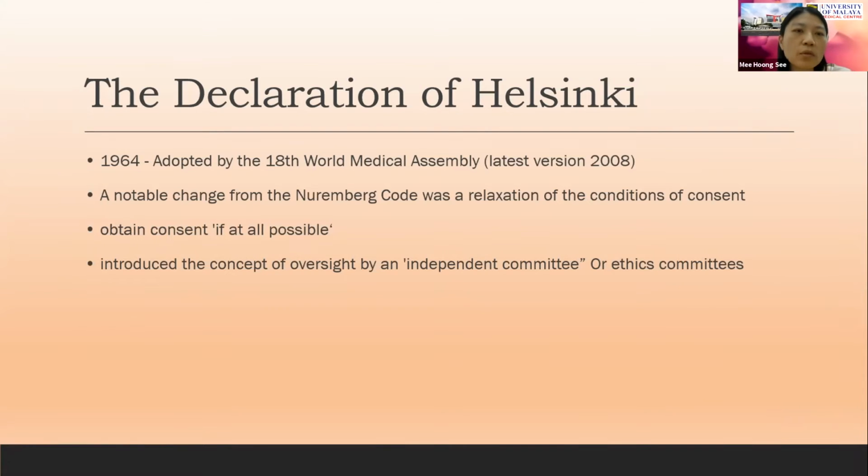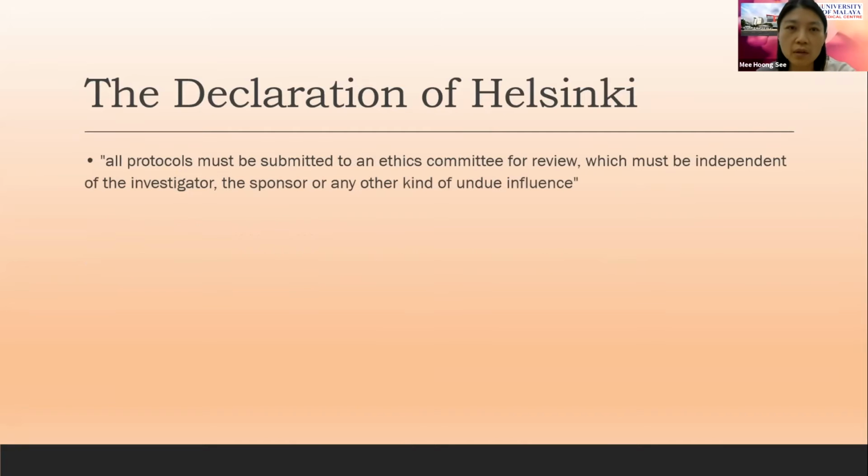But a lot of things happened to research subjects like humans, so it evolved until an ethics committee was formed, an independent committee that oversees the welfare of the subjects in your study.